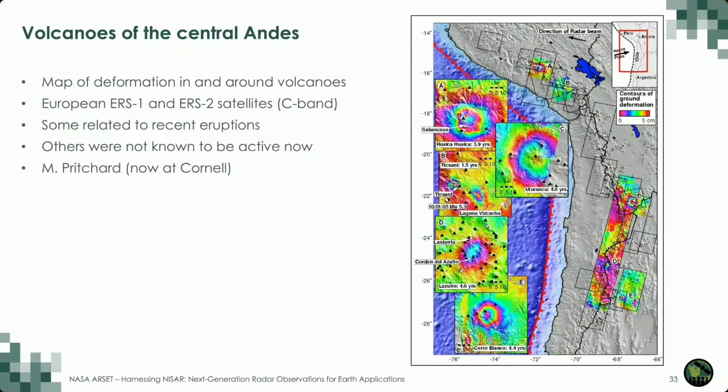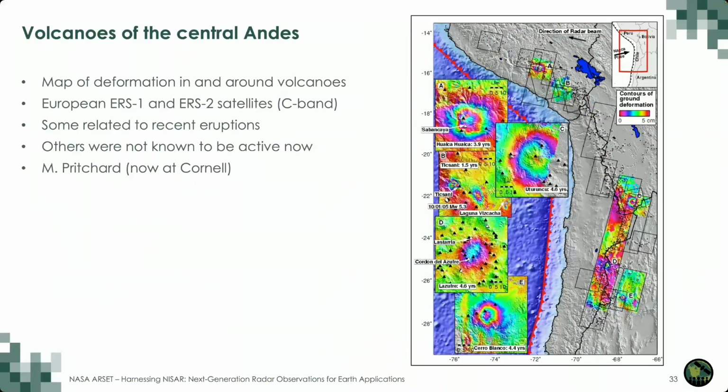And Matt Pritchard, who was then a student but is now a professor at Cornell, made this map and found that there were significant InSAR signals over many of these volcanoes in the central Andes.